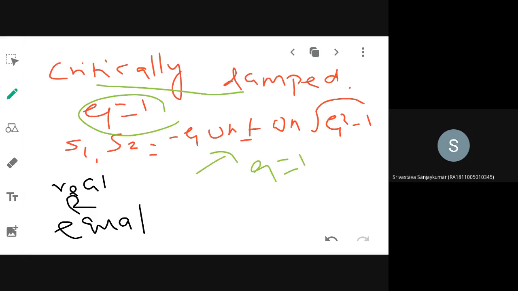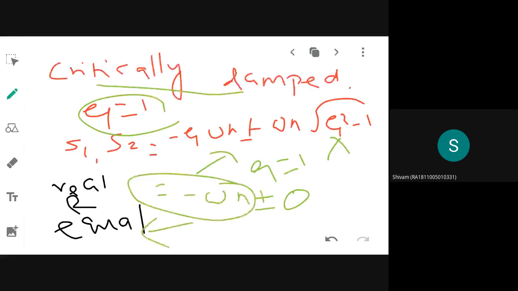You will get minus omega n plus or minus a term that becomes 0. So what is the nature of the roots? Real and equal. Both roots will be minus omega n. This is the case for critically damped, where zeta is 1 and the roots are real and equal.